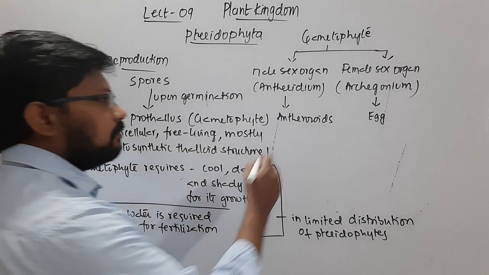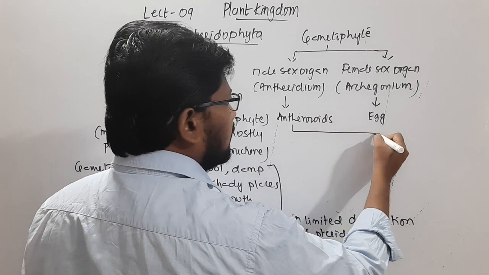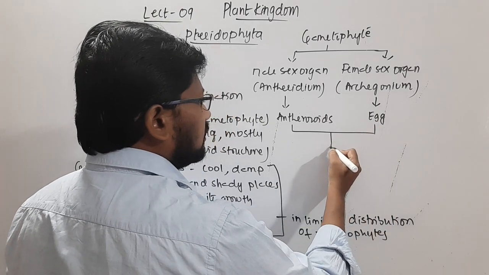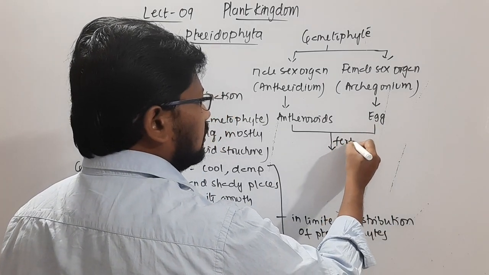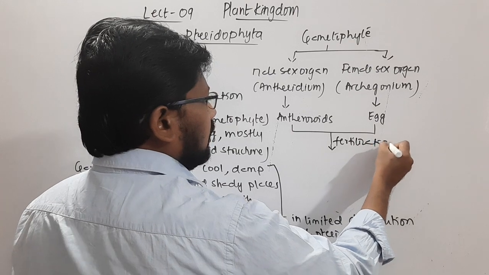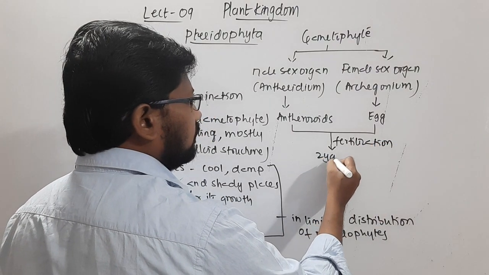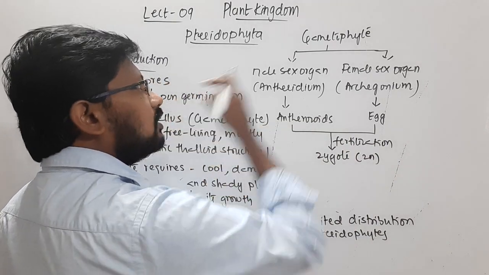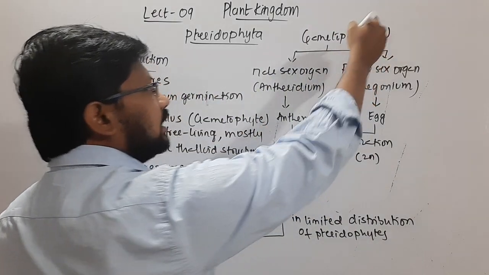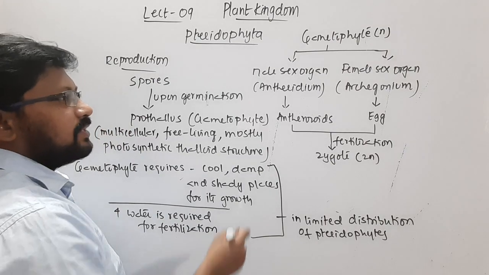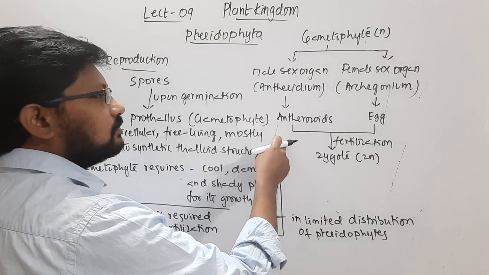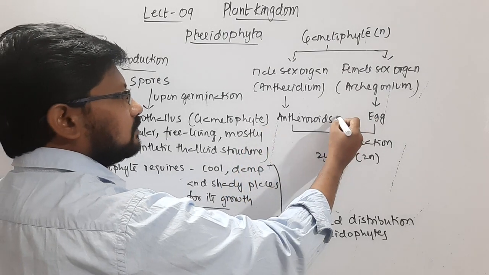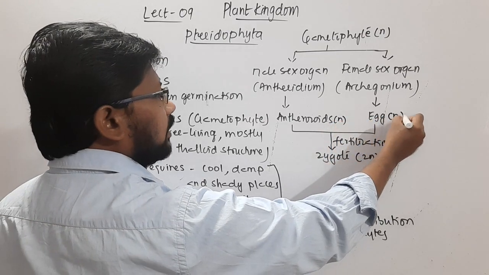Once the anthrozoid and an egg unite, that results in fertilization and development of the zygote, and this will be 2n, because we know the gametophyte is already haploid, and these anthrozoids and eggs are also haploid.